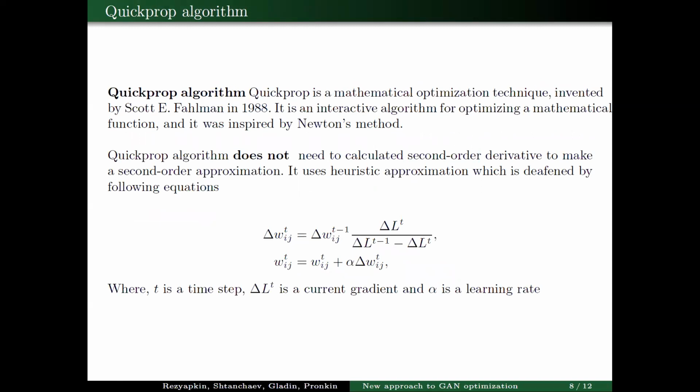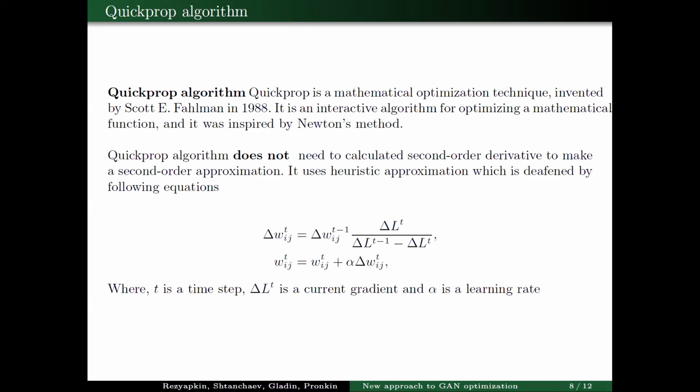Hi. The next algorithm considered was Quickprop algorithm, which is mathematical optimization technique invented by Scott Fahlman in 1988. It was inspired by Newton's method, but the main advantage of the algorithm is that it doesn't need to calculate the second order derivative explicitly for every weight, which is needed in Newton's method.